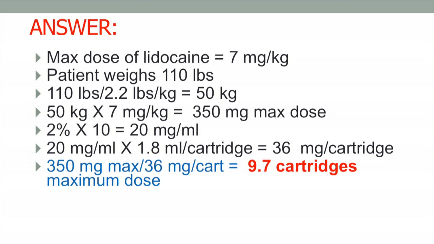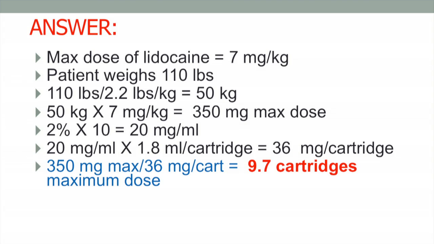Now, you also need to know that the maximum dose of lidocaine is 7 milligrams per kilogram. 50 kilograms times 7 milligrams per kilogram gives us a maximum allowable dose in this patient of 350 milligrams.